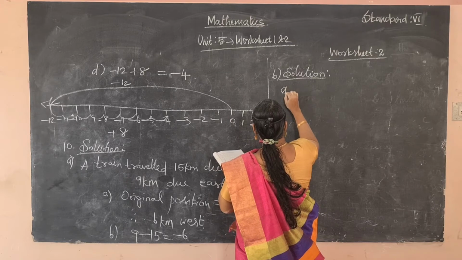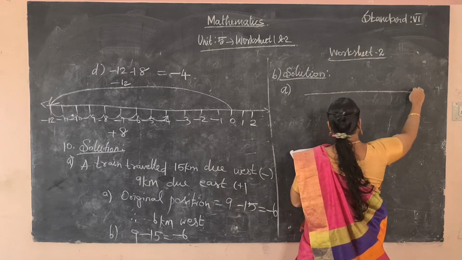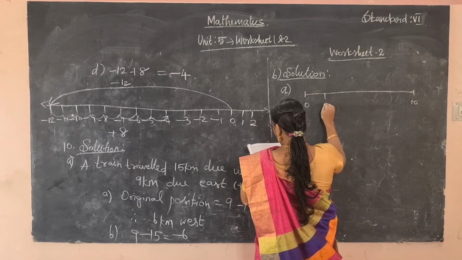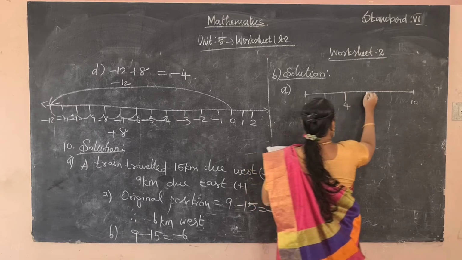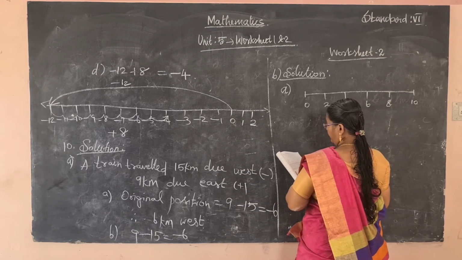Okay, do the A problem. So A is given: 10, 0, 2, 4, 6, 8.